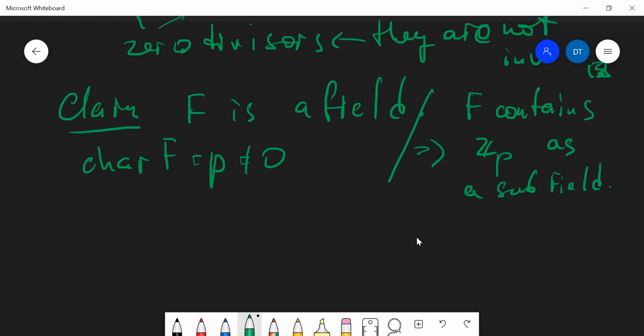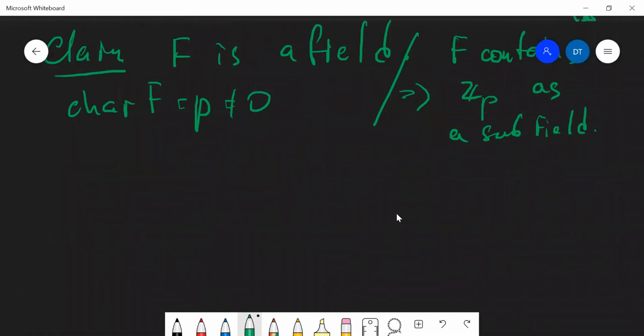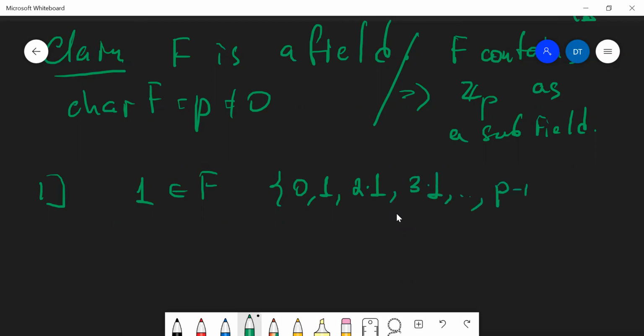Well, if it's not completely clear what it means, you will see in a minute what I'm going to prove. Let me consider the element 1 in the field F. Then I want to produce this series of elements: 0, 1, 2 times 1, 3 times 1, etc., up to p minus 1 times 1.